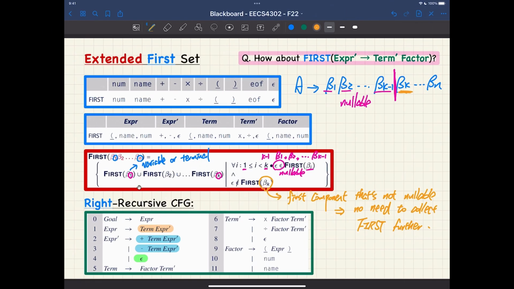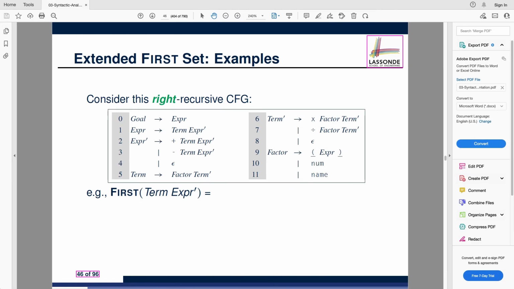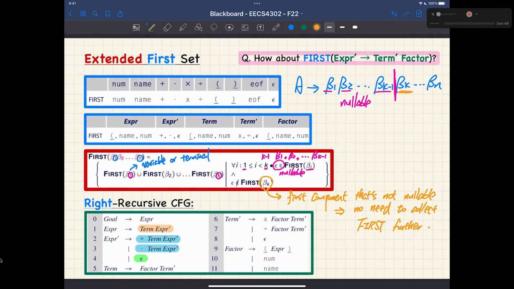Let me write it down here. So when you want to calculate, for example, the first of term followed by expression prime, you definitely have to consider for sure the first of term.